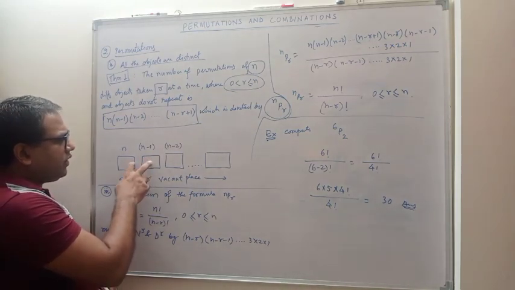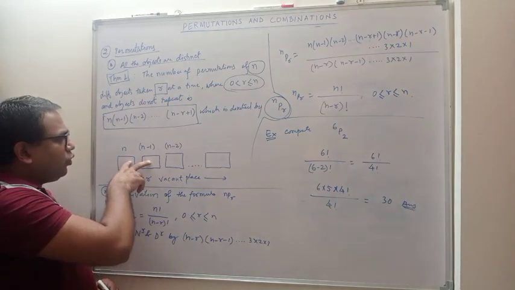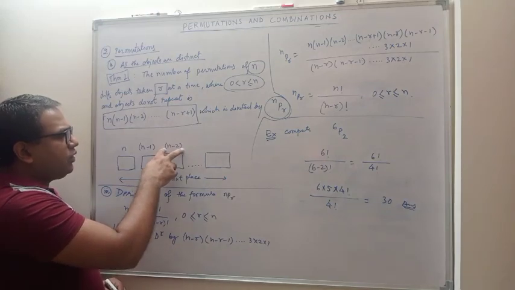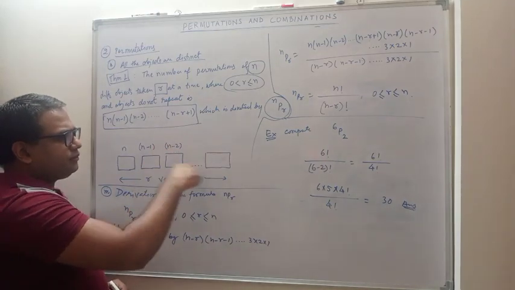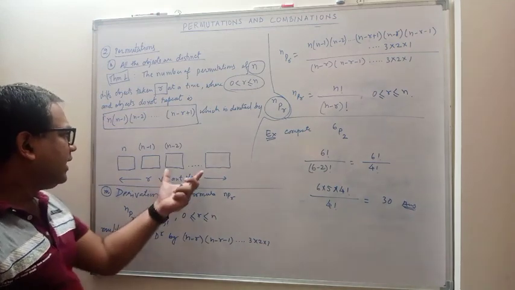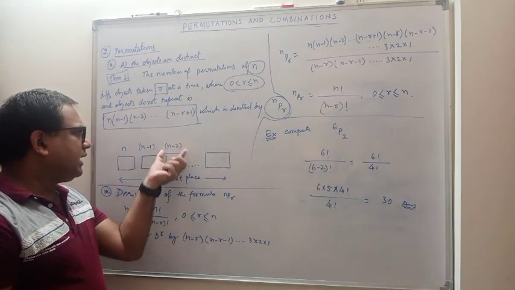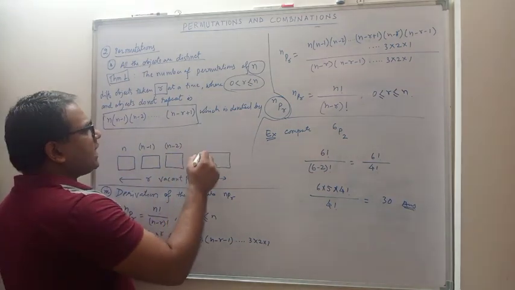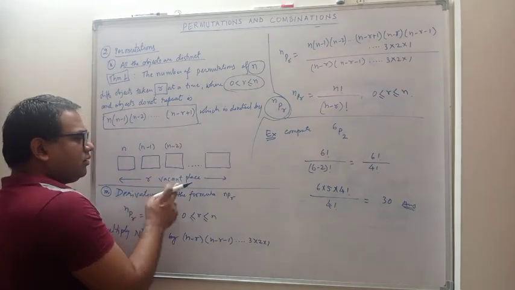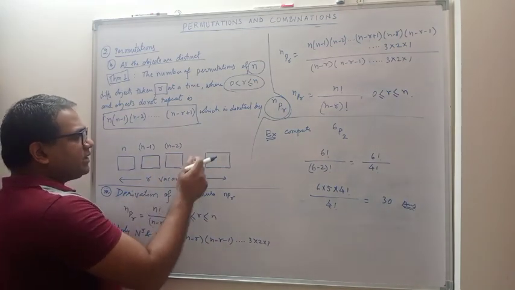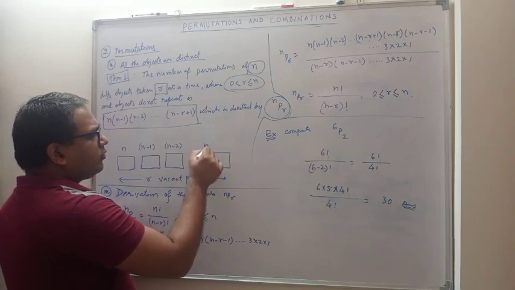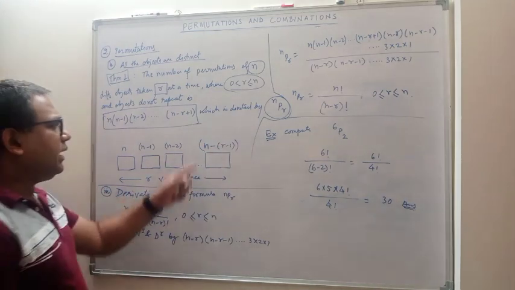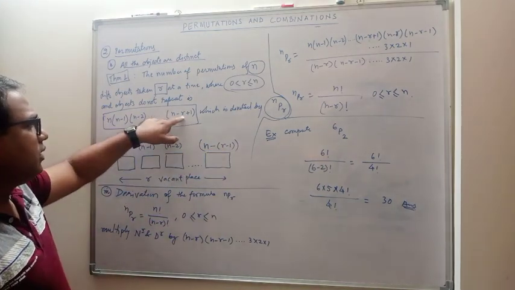After that, 2 objects are used, and I have n minus 2 objects. Likewise I'll put over here, and in the last, that is the rth vacant place, I can put n minus r minus 1. So it will become n minus r plus 1 over here.